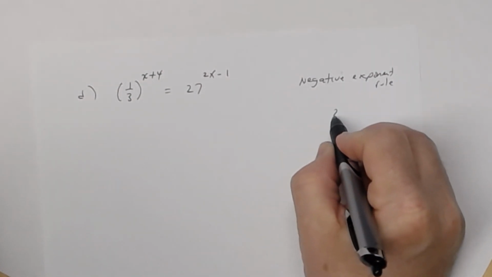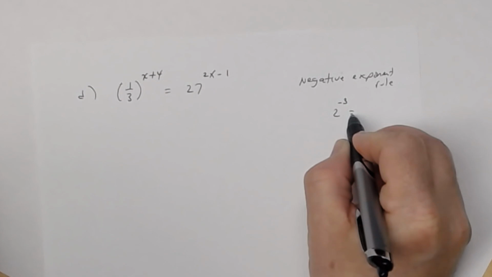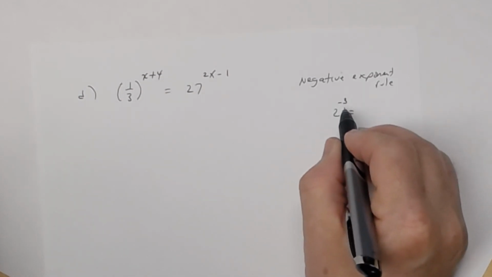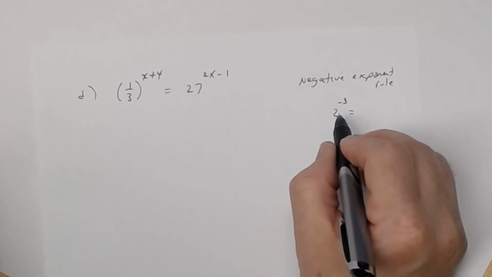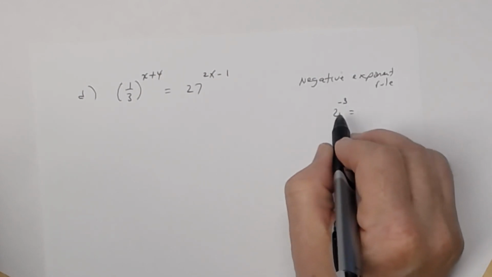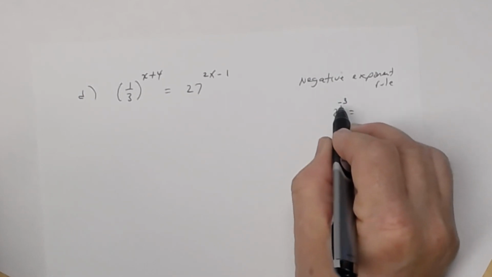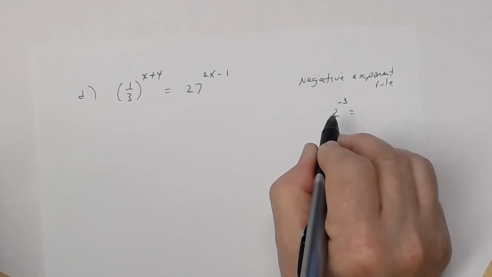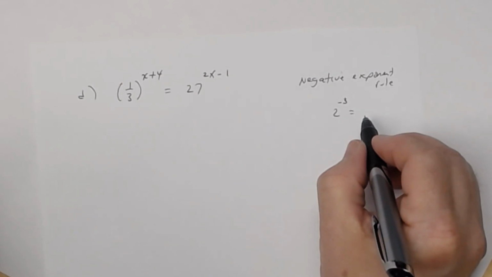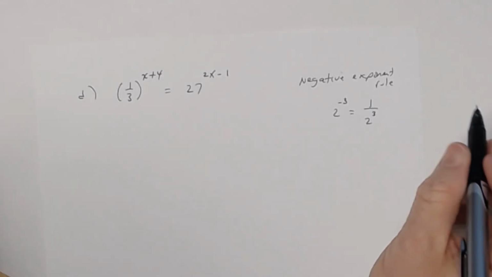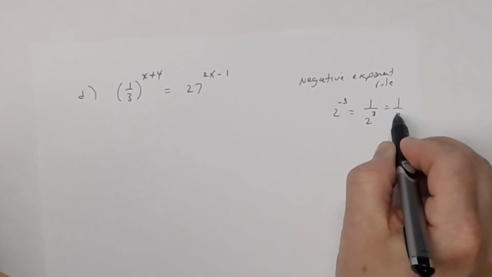So let's say we had 2 to the negative third power. Remember you want to try and get that exponent positive. So the negative exponent rule allowed you to rewrite this expression using a positive exponent. 2 to the negative third is equivalent to 1 over 2 to the positive third, which becomes 1 divided by 8.